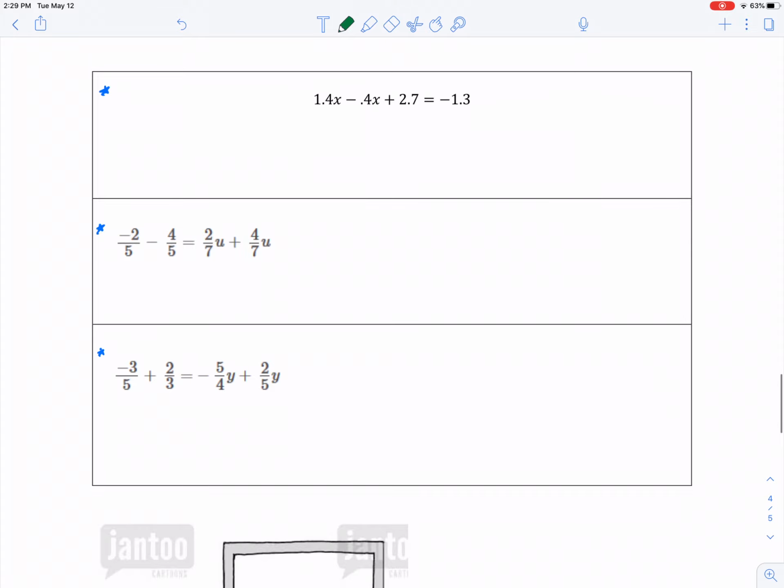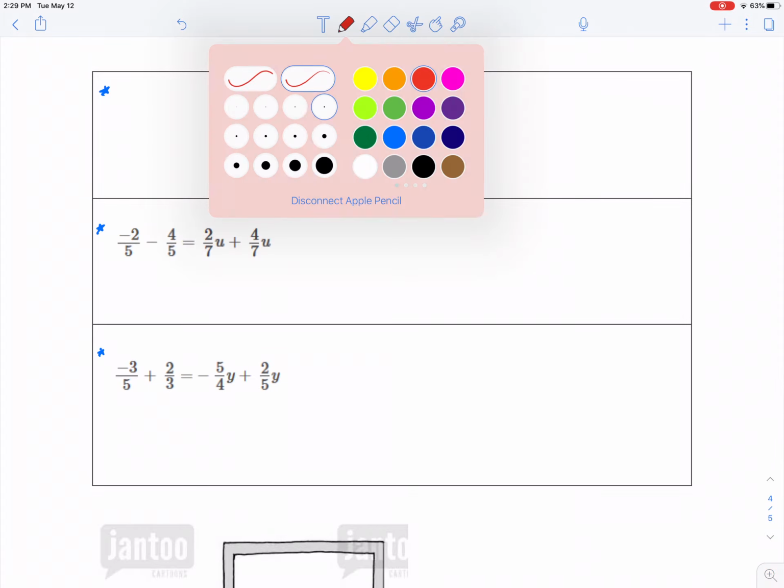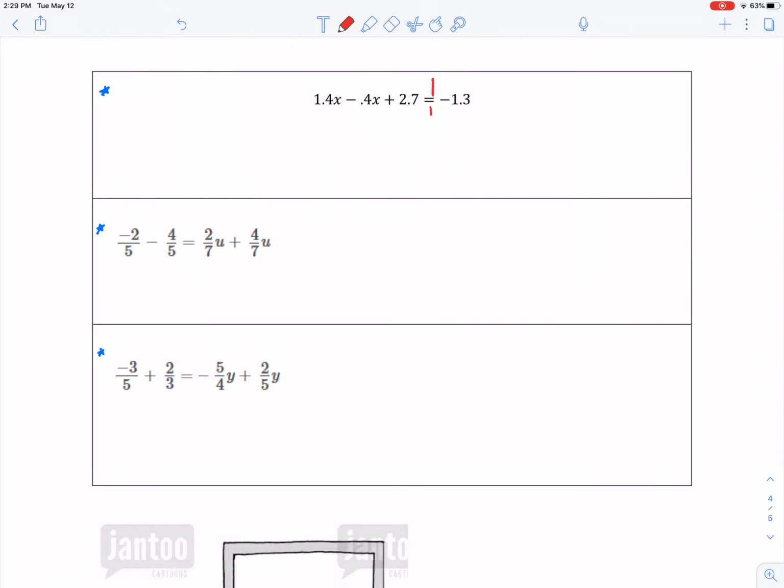Here's another one with the decimals in it. And again, I'm going to make sure I understand where the left side and the right side are located. And over here on the left-hand side, I see 2 terms that are alike. So let me go off to the side here.